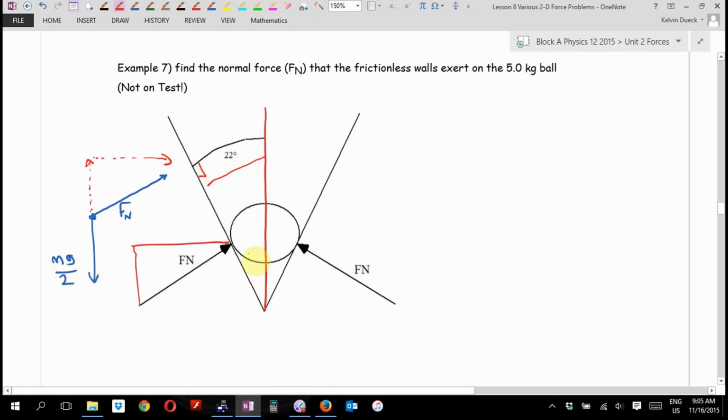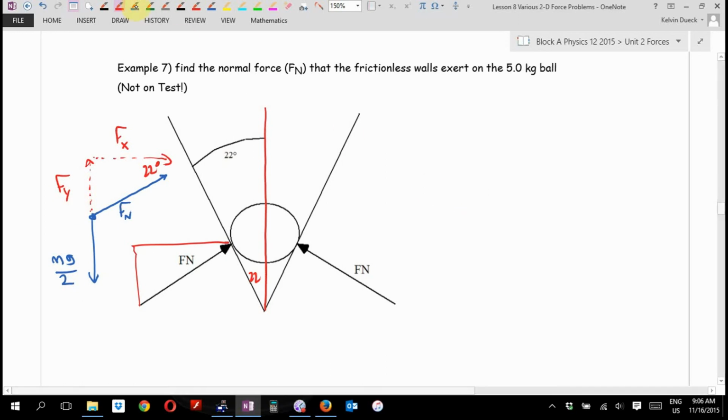So 22 degrees right here. Let's get this drawing correct. That's 22 degrees, that's 22 degrees, that's 22 degrees. Okay, had to think about it for a second there. This part here, I'm going to call Fx. This part here, I'm going to call Fy.